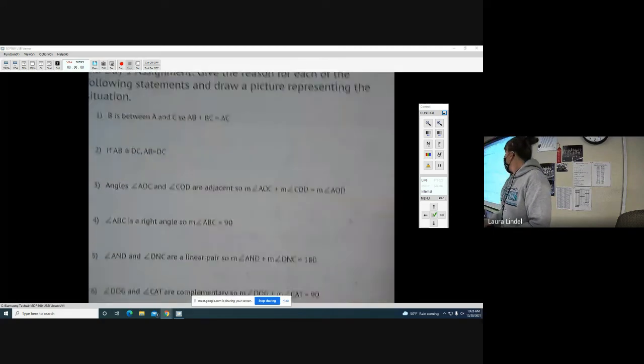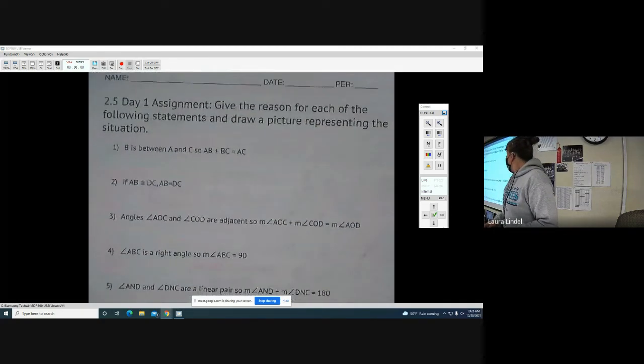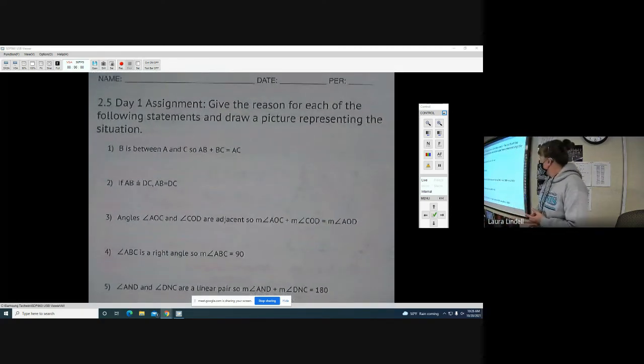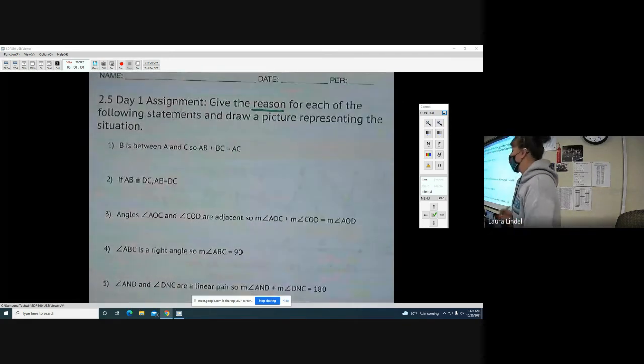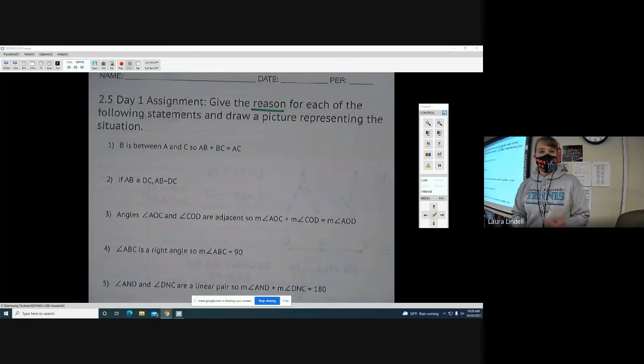It says in the instructions, give the reason for each of the following statements. Acceptable reasons would be the ones that we listed on our page before this, like all of our different postulates and definitions. And then also draw a picture representing the situation.